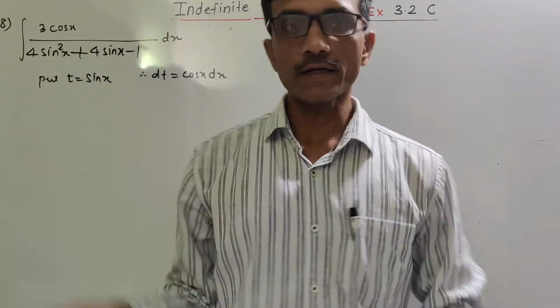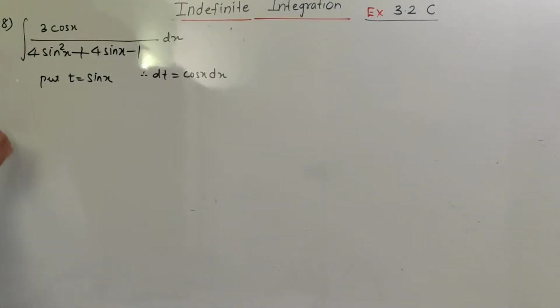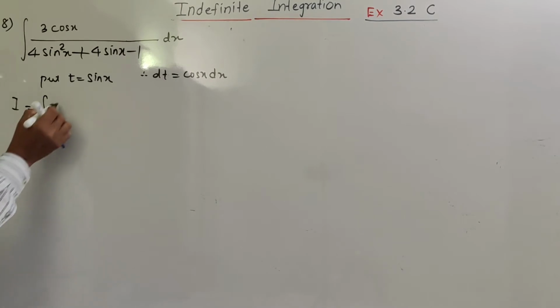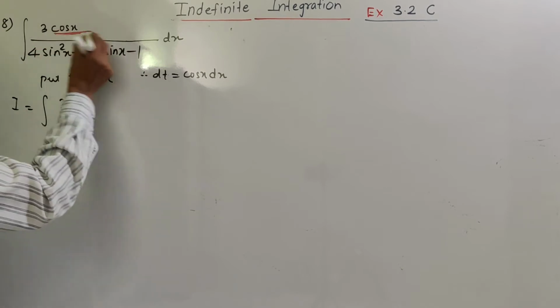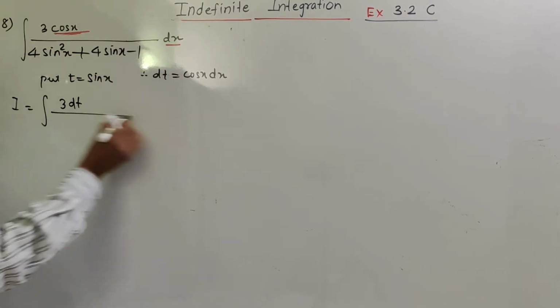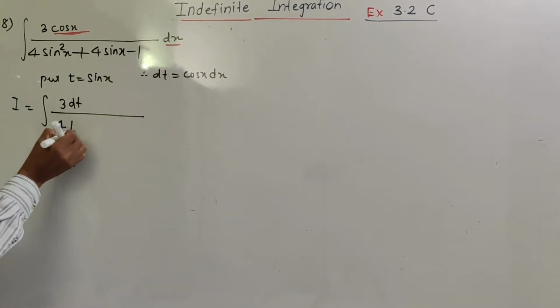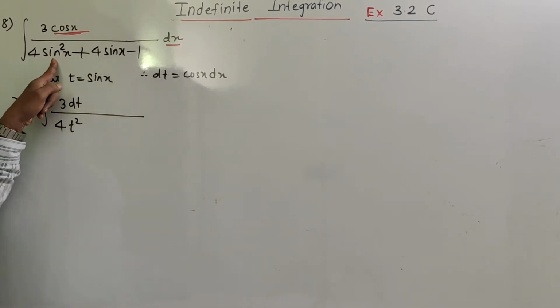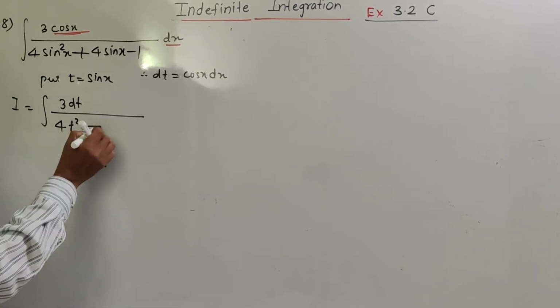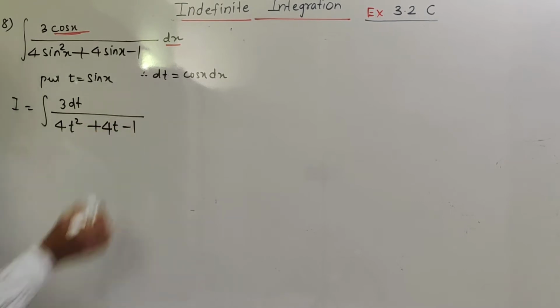Cos x dx we will write as dt, so that integral I is equal to 3 dt upon 4 t square plus 4t minus 1, since sin x is t.